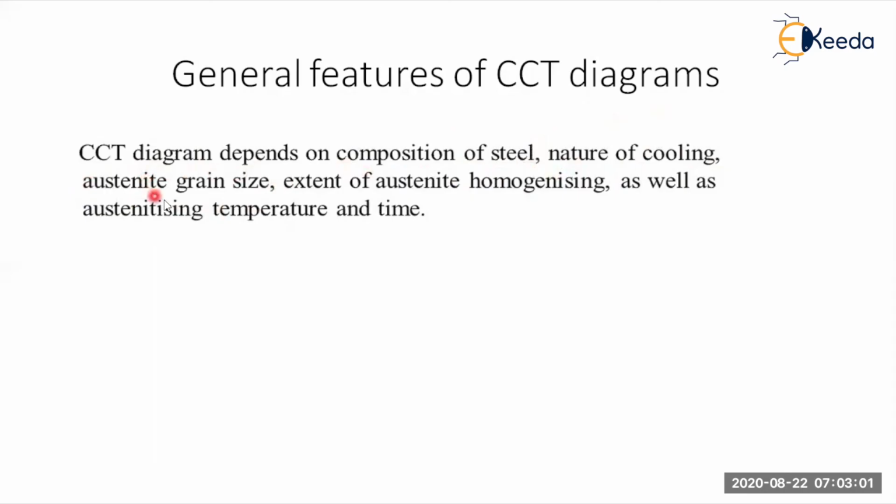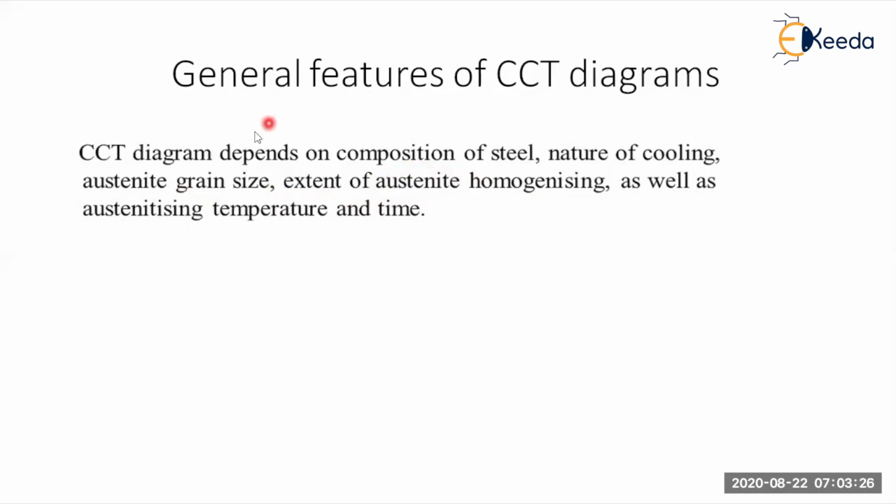Whatever transformation is going to happen, it completely depends on the austenite and the grain size. If it is a lower grain size, the structure is going to be different and the hardness is going to be different. Then the extent of austenite homogenizing. Homogenizing means keeping the austenite at some temperature for a longer period of time. This is also important.